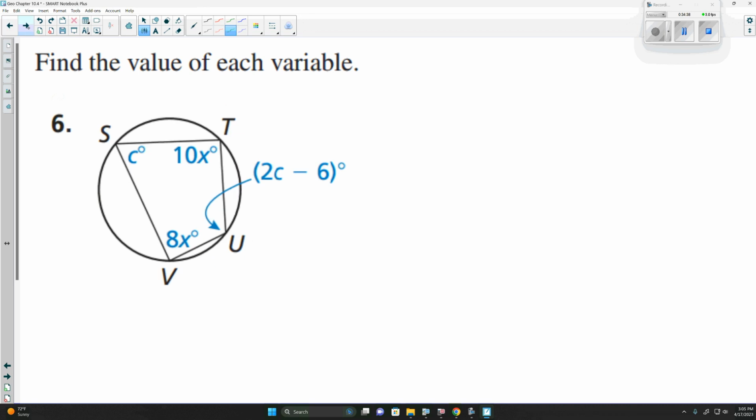All four have variables, yes? But what do we know about these two angles here? So they equal 180. So c plus 2c minus 6 is 180, combining like terms. So c plus 2c is 3c.